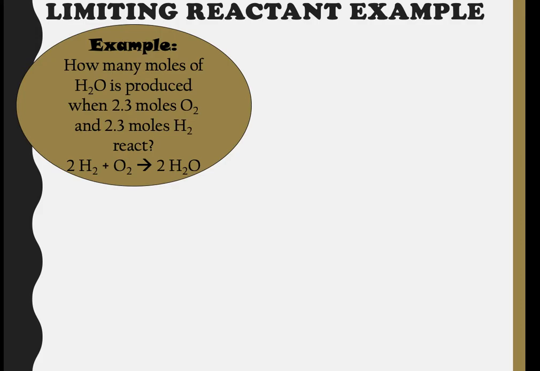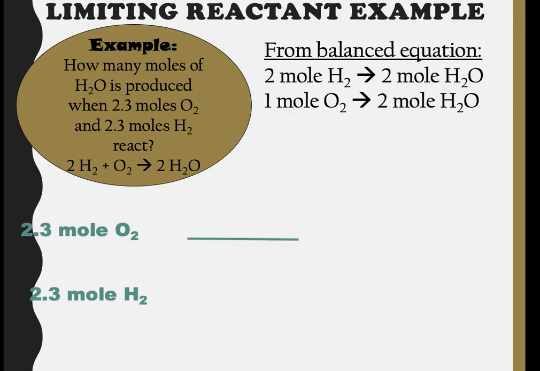So what we are trying to figure out is, what are we going to run out of first? And the way that we want to go about this is we want to take our amounts given, write them down, and then we want to convert them to a product. Now, in this case, we only have one product, which is the water.